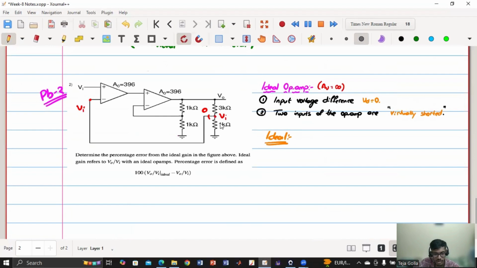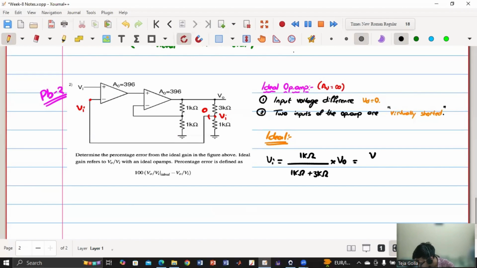For this resistor divider, you can directly get it, and it is very simple and straightforward. So what will be Vi? V naught by Vi is 3 by 4. Are you sure? First of all, tell me what is Vi? Vi is 1 kilo ohm by 1 kilo ohm plus 3 kilo ohm into V naught, right?